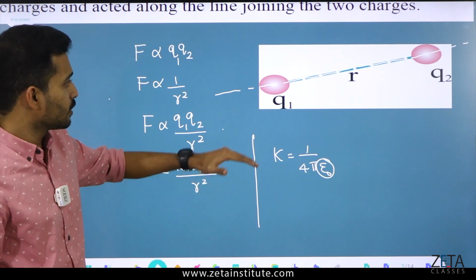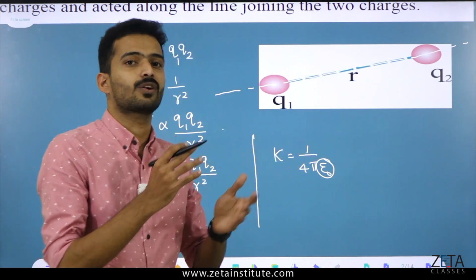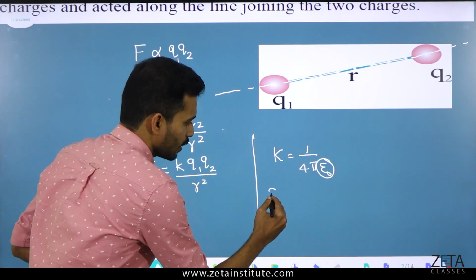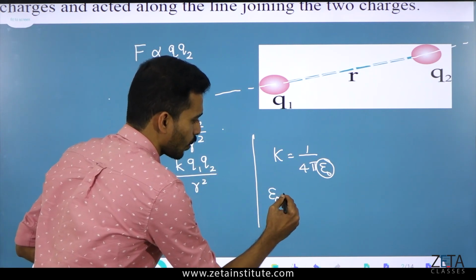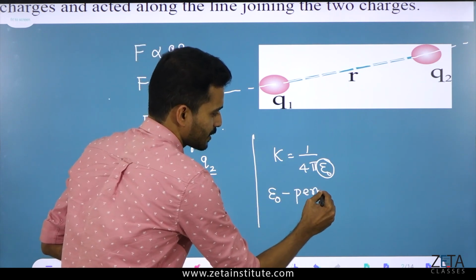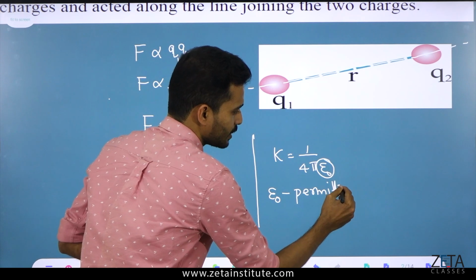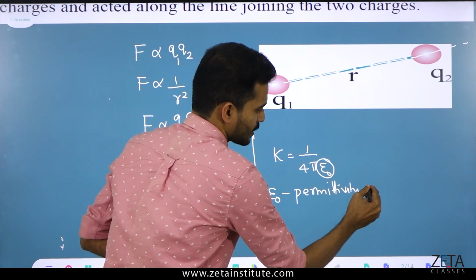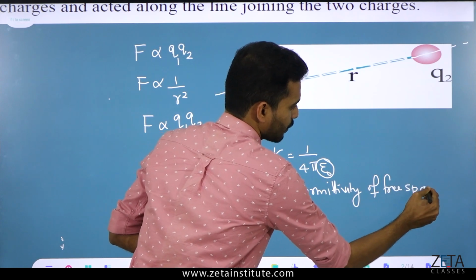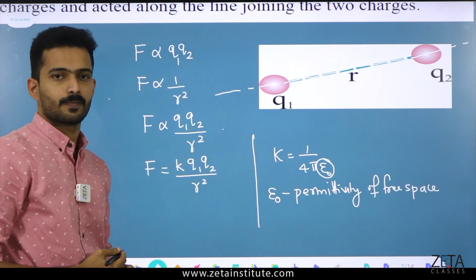Consider these two charges are placed in vacuum. Then what is this epsilon 0? The constant epsilon 0 is called the permittivity of free space.